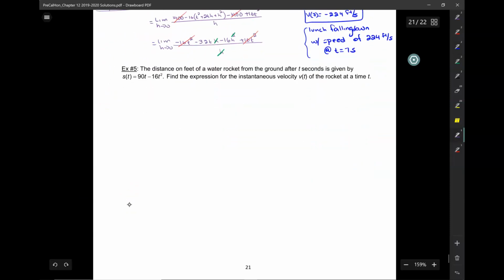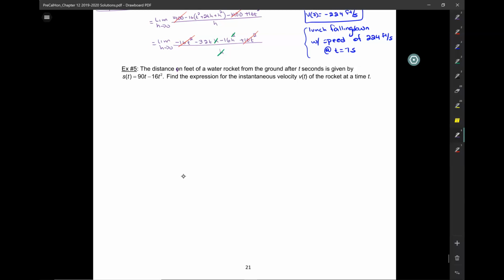Let's take a look at this next one. The distance in feet of a water rocket from the ground after t seconds is given by this. Find the expression for the instantaneous velocity at a time t. Let's do it.